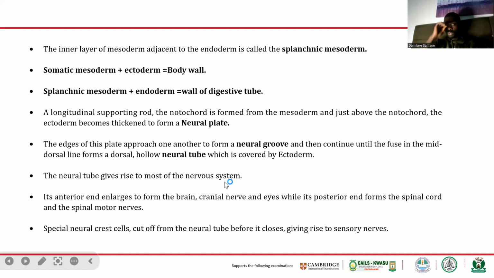Like I told you, when you begin to talk about neural plates and the neural groove, it means you are already in the chordates. You're already in the echinoderms and the chordates, where we have the most developed organisms. So you are now talking about the organ system level.